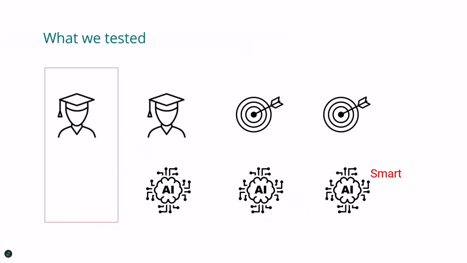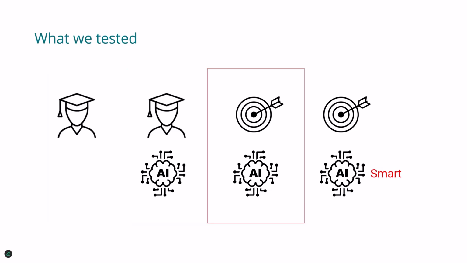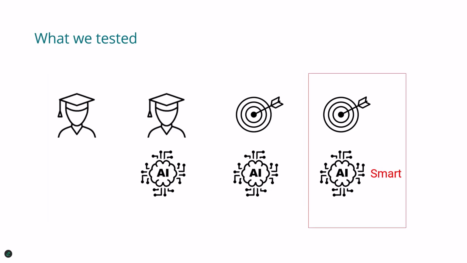What we did is we did some testing where we had human beings generate ideas for an innovation challenge. And in this case, we used exactly the same challenge that was in the original study. We had human beings working with AI, but not given any instructions. Human beings working with AI, but being taught how to generate clear objectives and what we'll call smart AI.